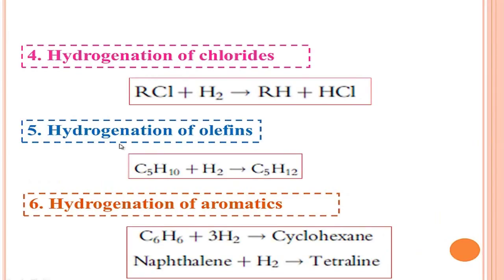In case of hydrogenation, olefin and aromatics can be hydrogenated to saturated hydrocarbon, or naphthalene, for example.